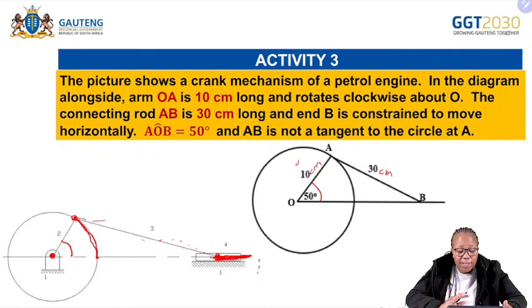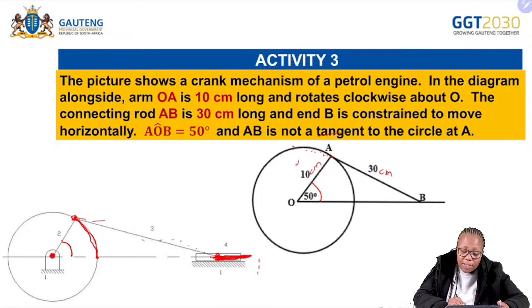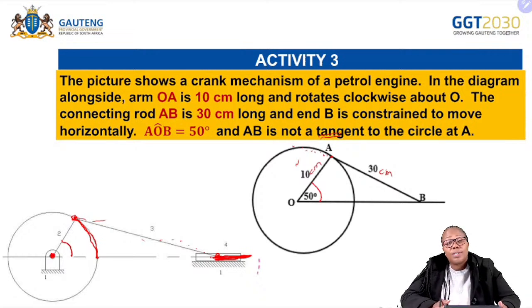Take note that AB is not a tangent. Sometimes we assume that the minute you see a line touching a circle, it's a tangent. You can see that, grade 12, if we continue with this line, it will come inside the circle like that. Therefore, it is not a tangent. At least it is indicated to us that it is not. Therefore, you cannot apply the tangent theorems here.